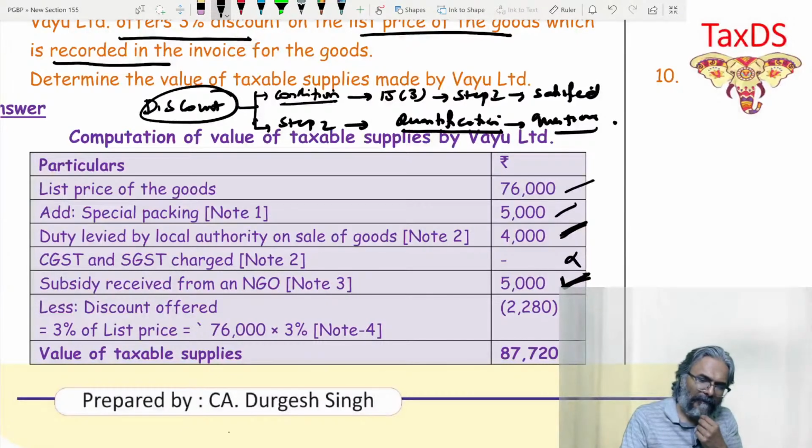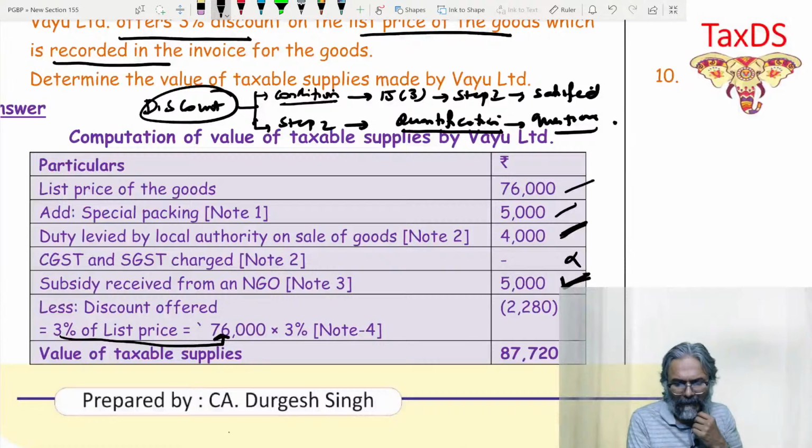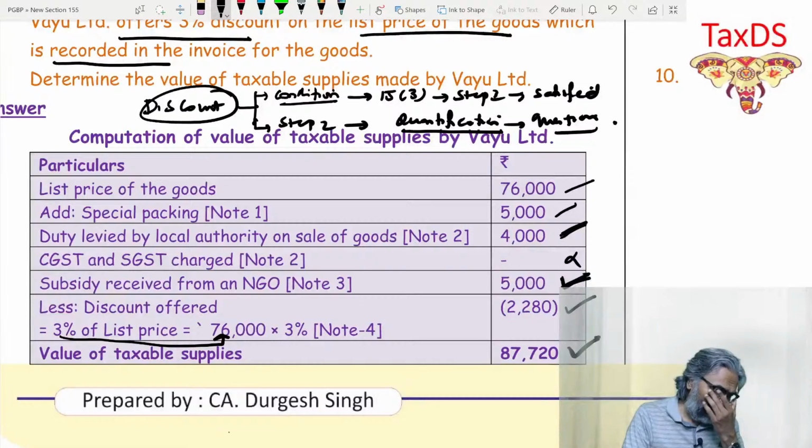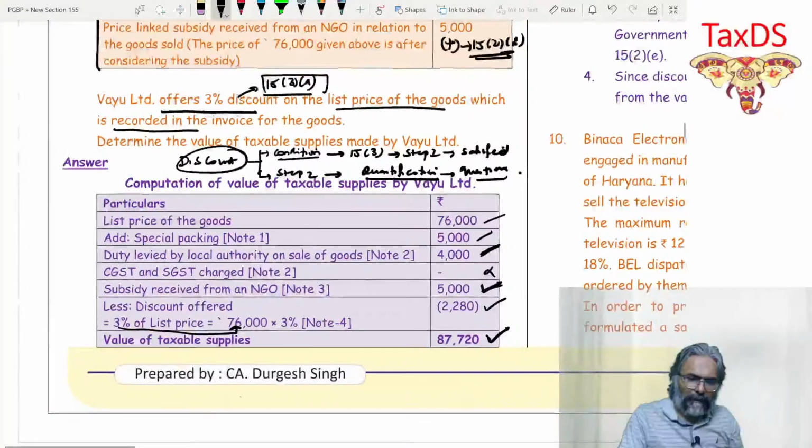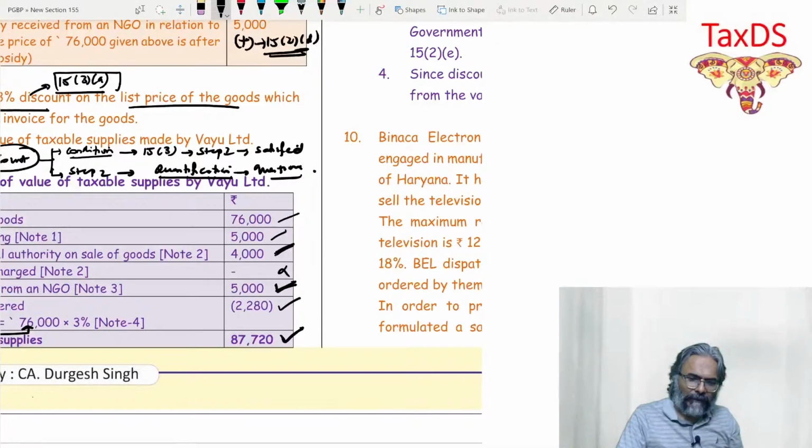That is to be added. We already discussed this. And this 3% would be on 36. Value of taxable supply 87,720. Is that point clear to all of you, students?